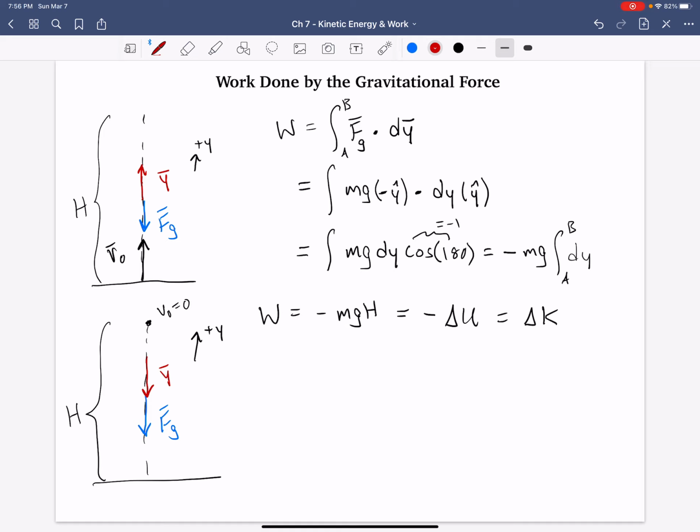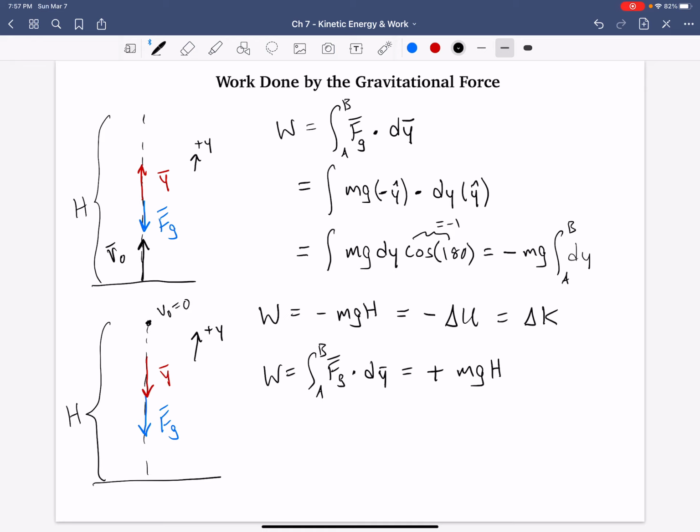So let's evaluate the work really quick. Work is the integral of the force of gravity dot dy, again from point A to point B. Now, since F and dy are in the same direction, we should get cosine of 0 instead of cosine 180. I'll leave the details to you if you want to recreate it, but you should get a positive mgh.